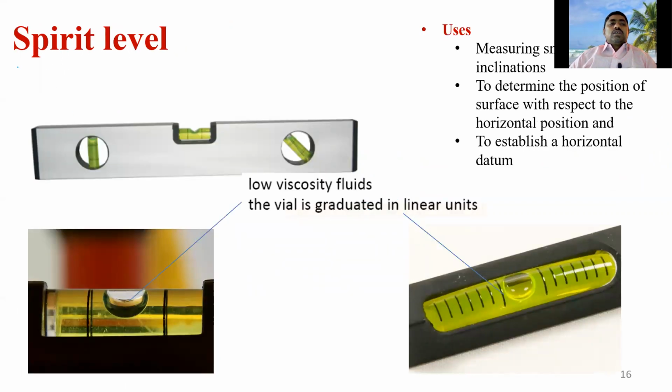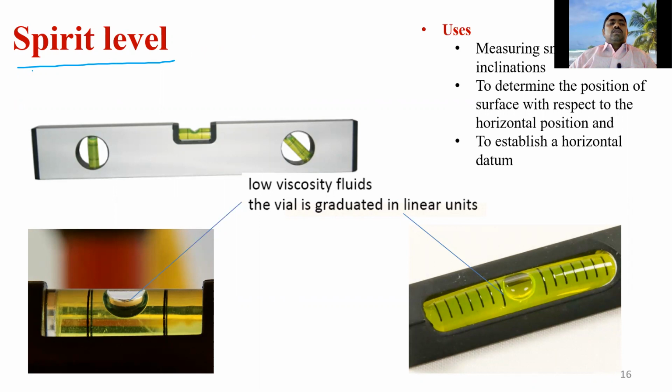So this is the spirit level. Another angle measuring device is the spirit level. It is a bubble instrument. Why is it called a spirit level? In the western cold countries, to combat freezing, the tubes are filled with the spirit of wine.